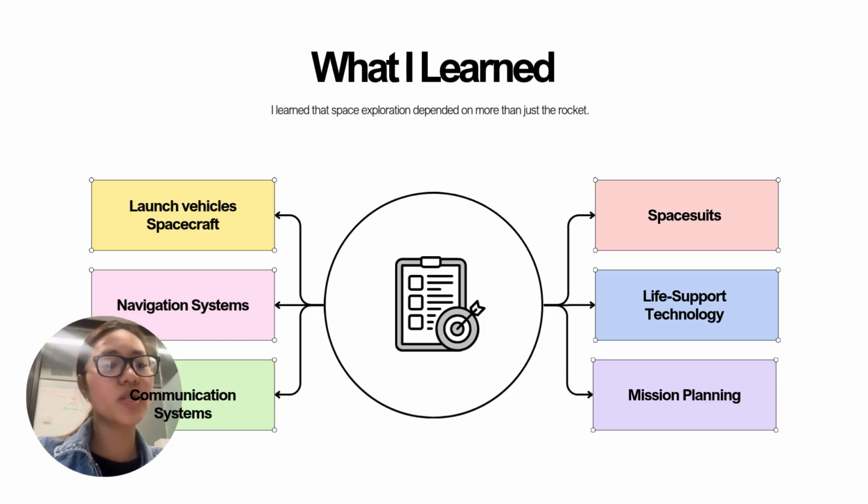But the Apollo missions depended on many different technologies working together as a whole, including spacecraft, communication systems, navigation, and spacesuits. All of these come together as support systems. This helped me understand that space exploration is such a large system, and it involves so many different principles, engineering, and problem solving.